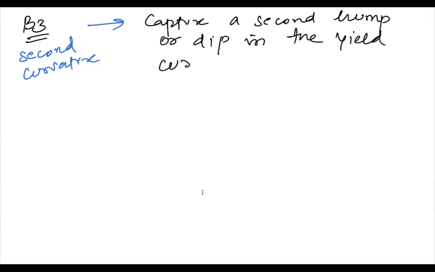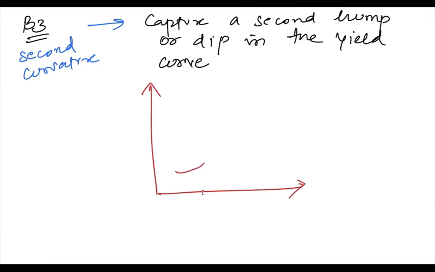So let's say you see something like this in the yield curve. You see your curve going like this, then you have one dip and something like this, right?